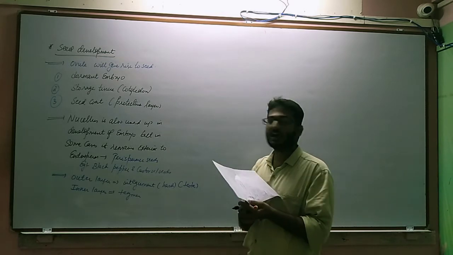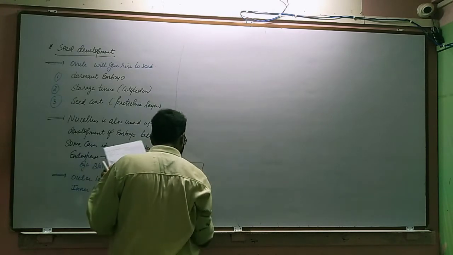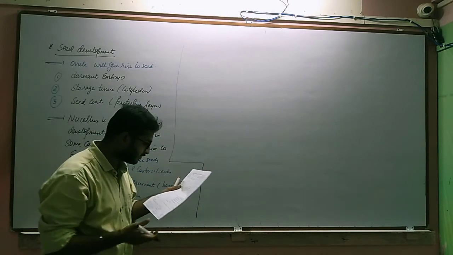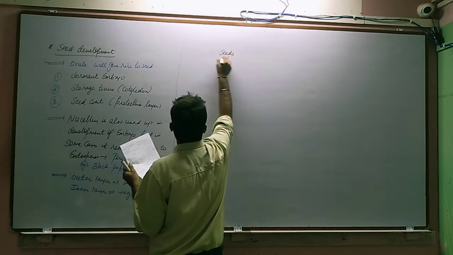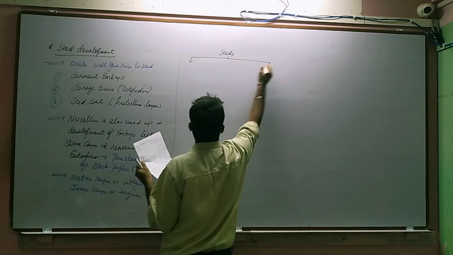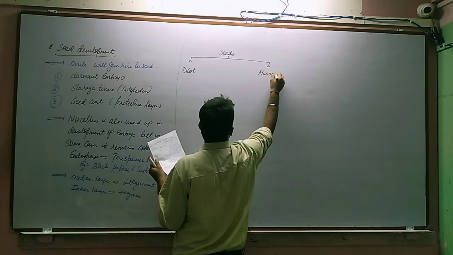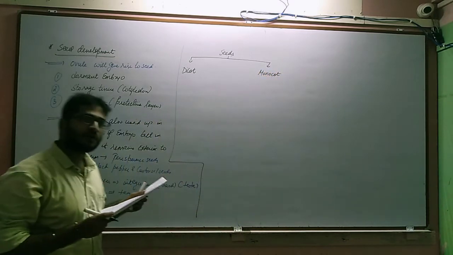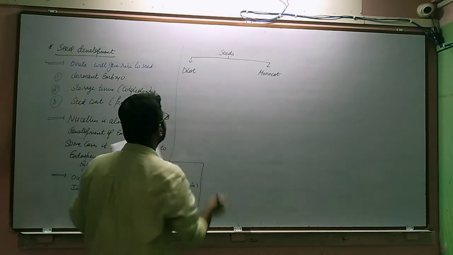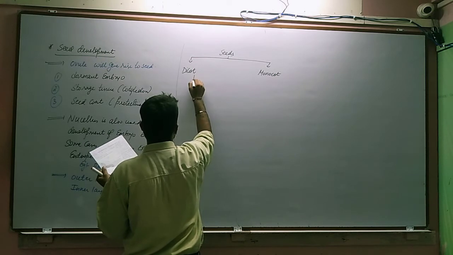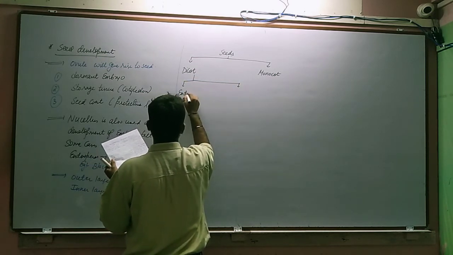The outer layer is called the testa and the inner layer is called the tegmen. Now, seeds again are of two types, dicot and monocot, and these are further divided by the presence or absence of endosperm. Dicot and monocot seeds are subdivided into endospermic seeds and non-endospermic seeds.